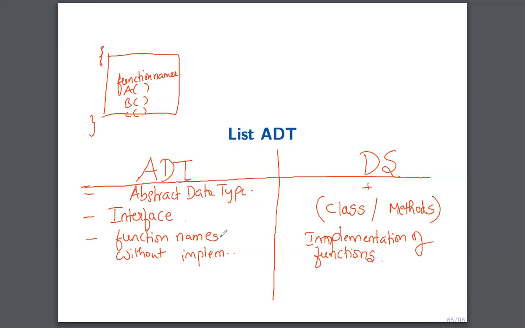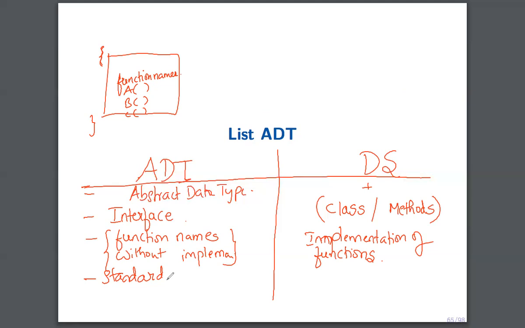So why do we focus on just function names if we are not giving implementation details? It's like a standard, right? For example, stack, queue, DQ, and all these can be ADTs. Even list can be an ADT. It says you need to have a function called set and a function called get. How you implement set and get is up to you.